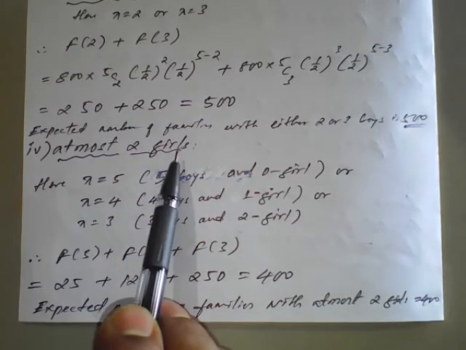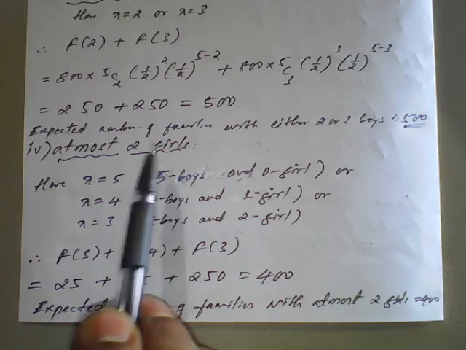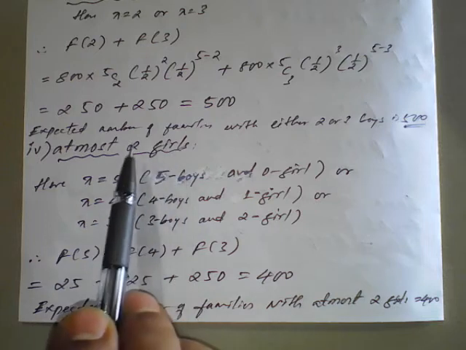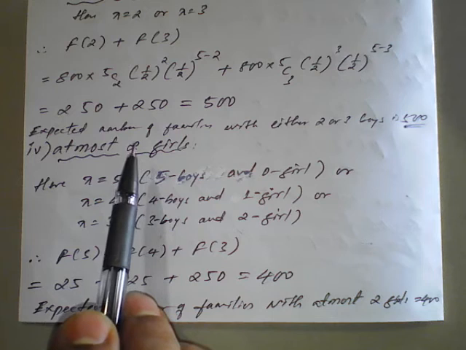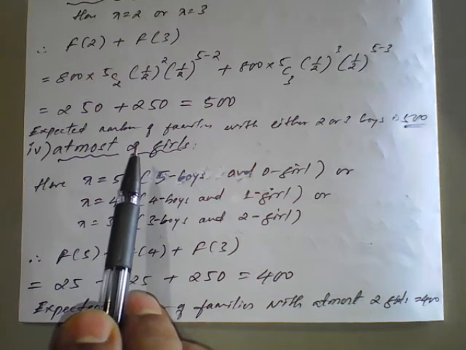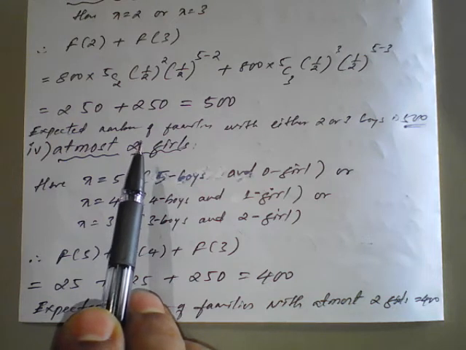Now the fourth option, at most 2 girls. At most means out of 5 children, maximum 2 girls, minimum maybe 0 or 1. So 0 girl, 1 girl, or 2 girls maximum.